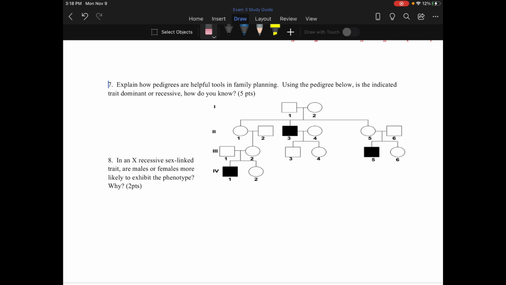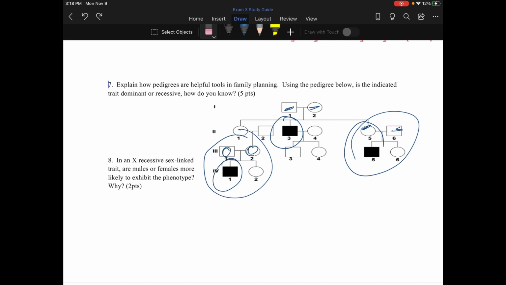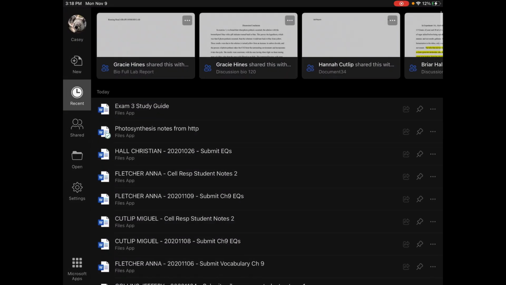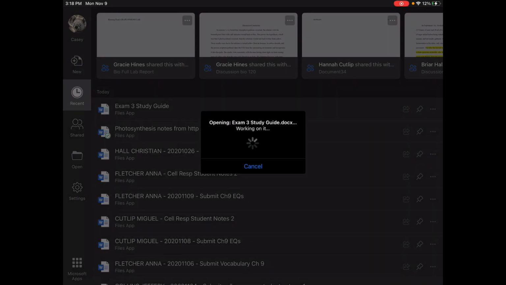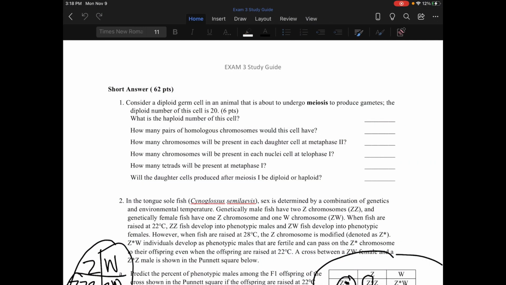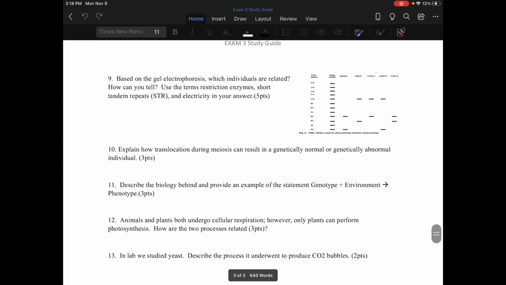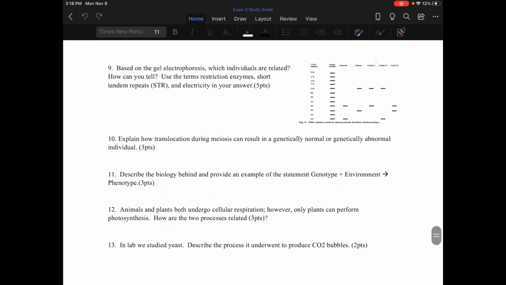So in a sex-linked recessive trait, males are more likely to exhibit the trait than females, and that's because you inherit the X chromosome from your mother, and you inherit the Y chromosome from your father, so there's nothing to cover up those chromosomal abnormalities or mutations in males. In an XX individual, however, like a female, you have the chance of getting a dominant or a recessive trait on the other chromosome, and so it can mask whatever trait is there.